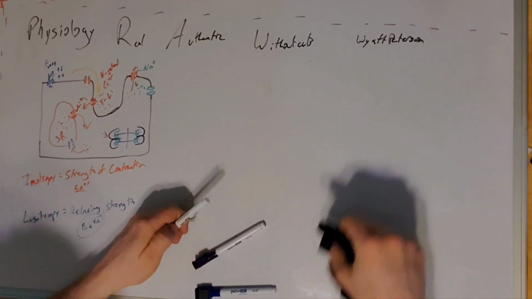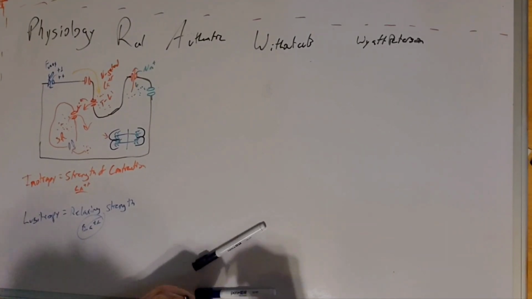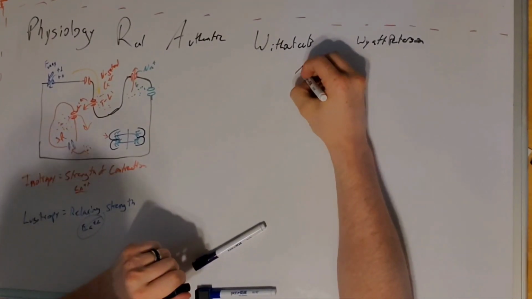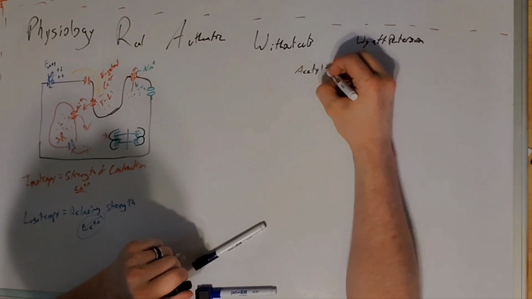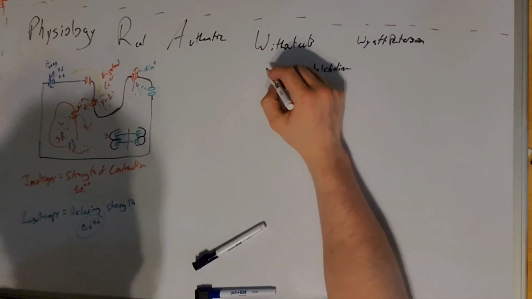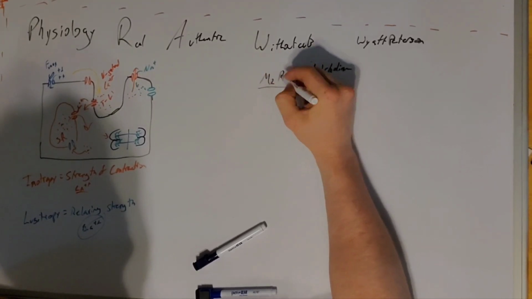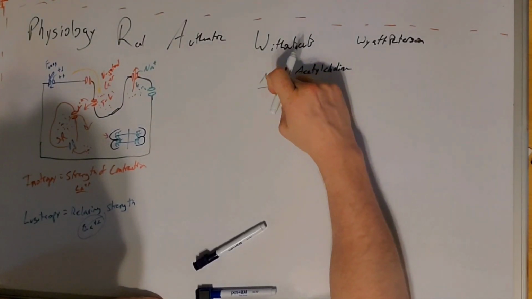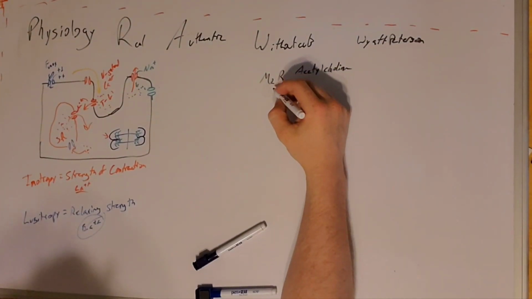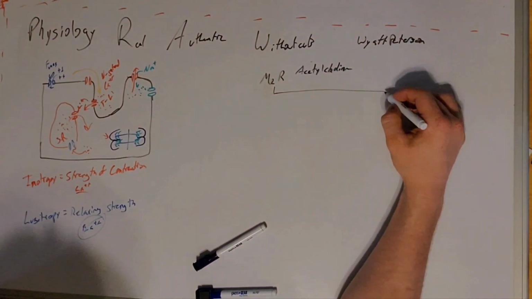So now let's move over to what acetylcholine does. Acetylcholine will bind to the M2 receptor on the heart. And so let's see, there's a couple ways that this can go.